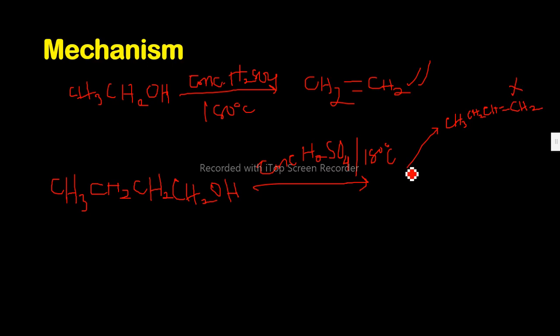But rather, the major product, the correct answer, is CH3, then CH, a double bond, then CH, and then CH3. So this is the major product and the other one is the minor product.